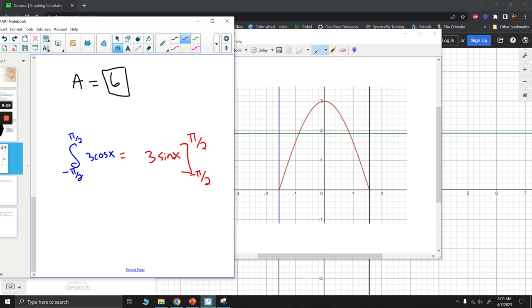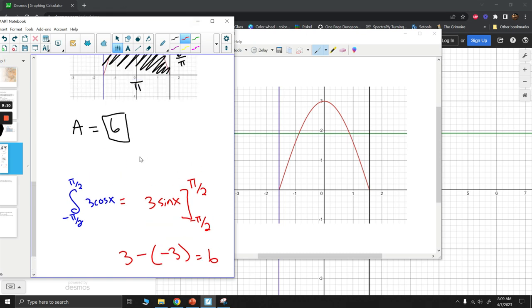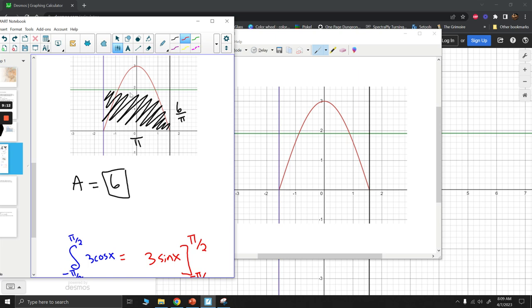Pi halves into sine is 1, so it's 3 minus negative 3, which is 6. So the area of our graph and the area of this rectangle we create based around the average height of this function will give us the same area.